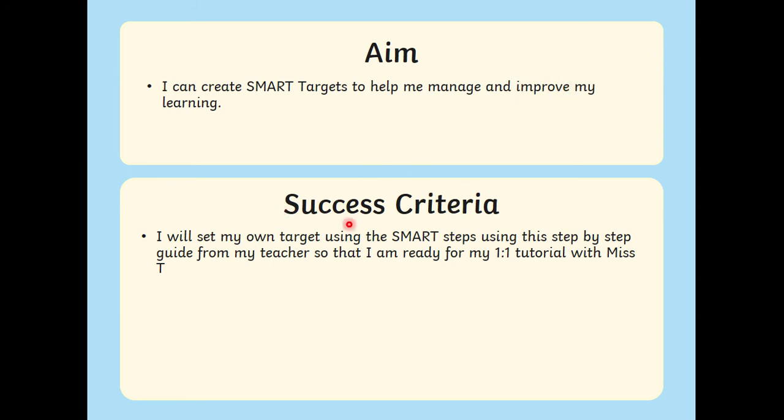This is what you need to do today in order to get to this aim. I will set my own target using the SMART steps, using this step-by-step guide from my teacher so that I am ready for my one-to-one tutorial with Miss T. So this video for you today is going to be all about a step-by-step guide so that you have the right target set for you.